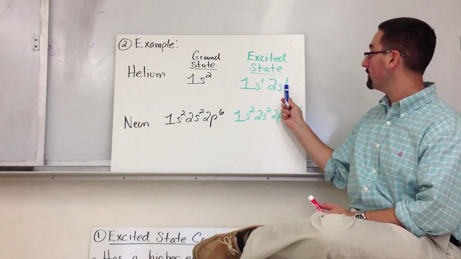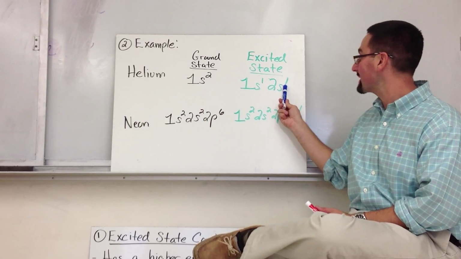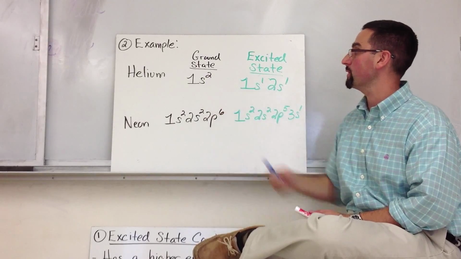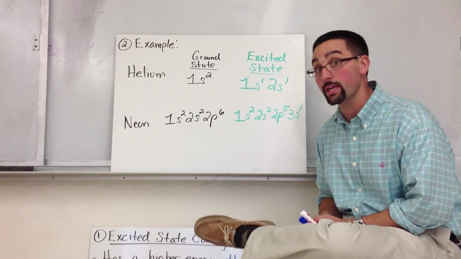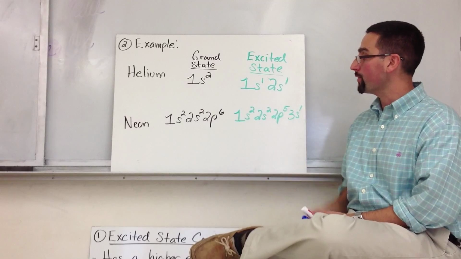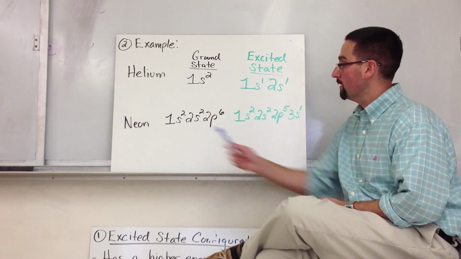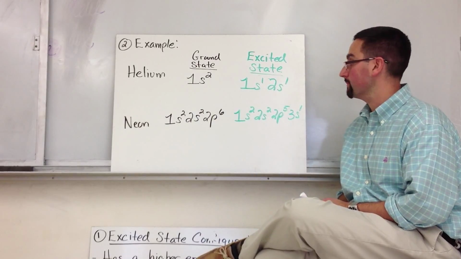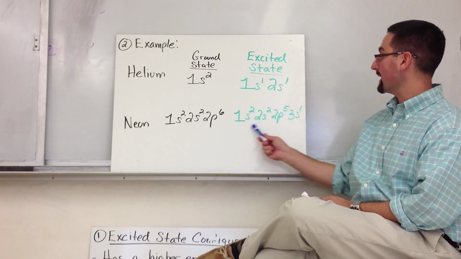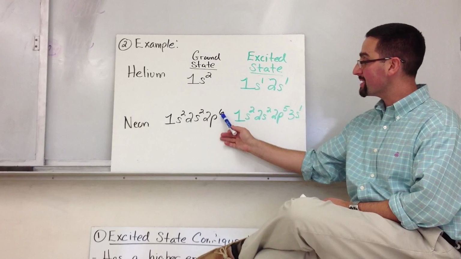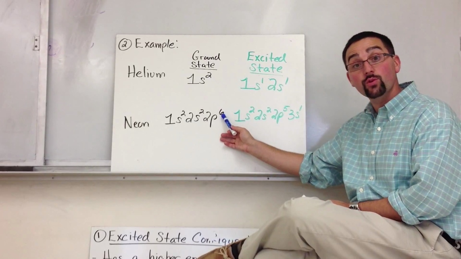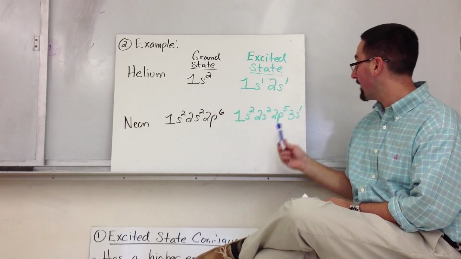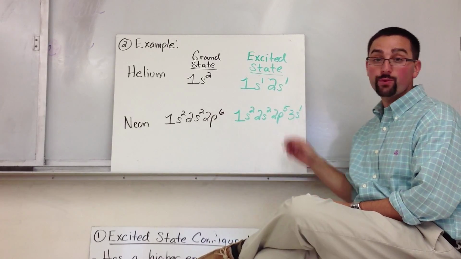Once this electron does not stay excited and reverts back to the ground state, its configuration would once again be 1s2. Another example, neon: 1s2, 2s2, 2p6. In the excited state, one of those 6 electrons in the 2p subshell would jump to a higher energy state, which is the 3s.